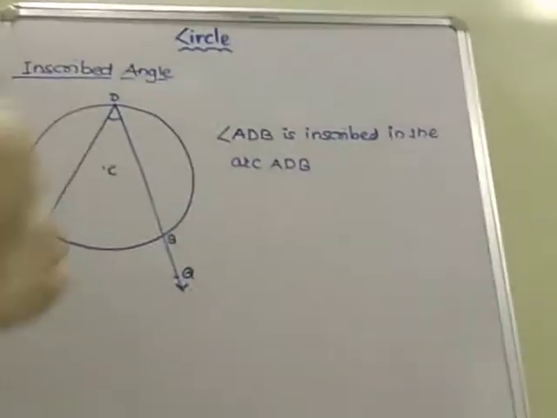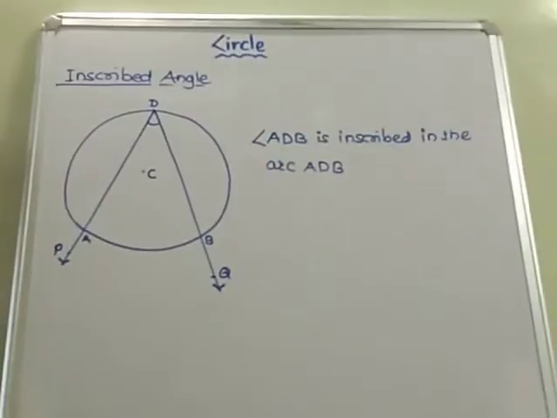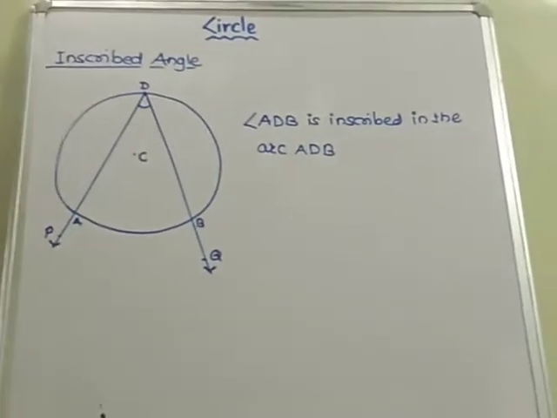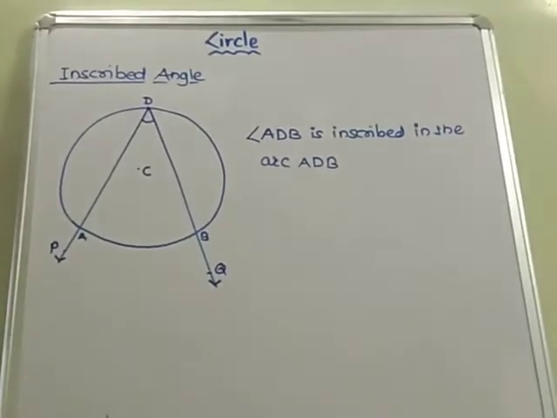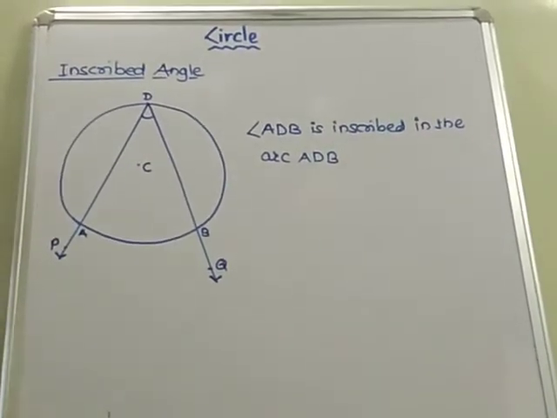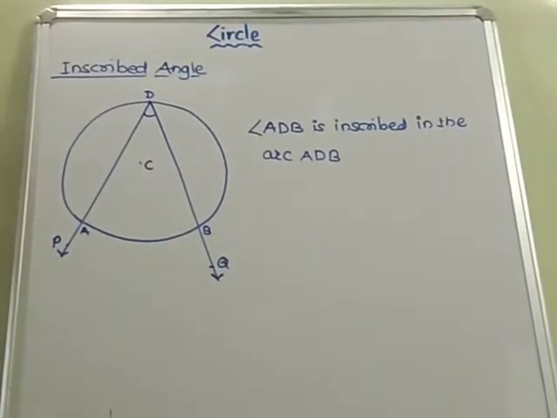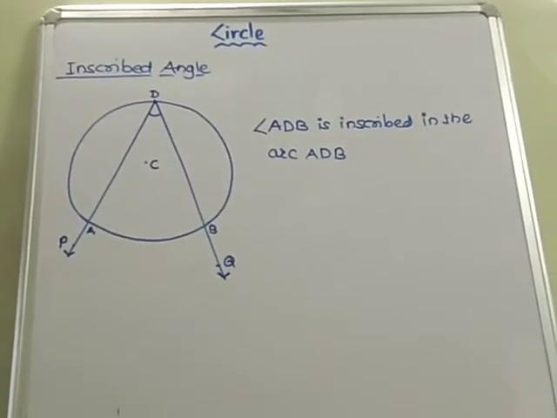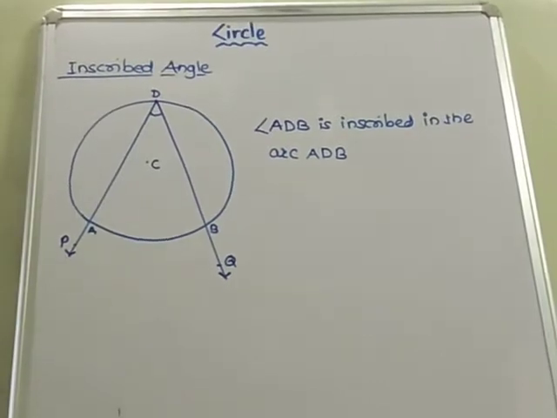Look at the figure: angle PDQ intersects the circle at points A and B, therefore such an angle is called an angle inscribed in the circle or in the arc.